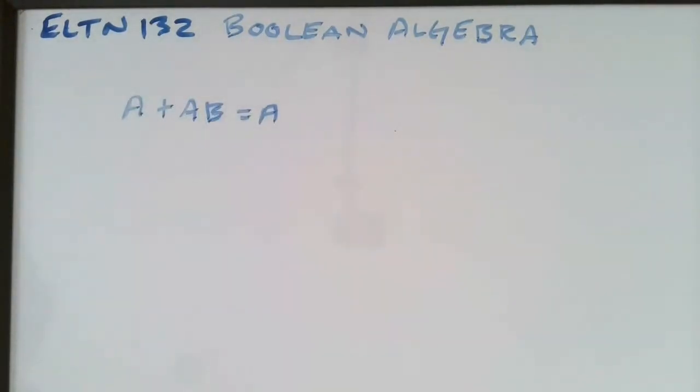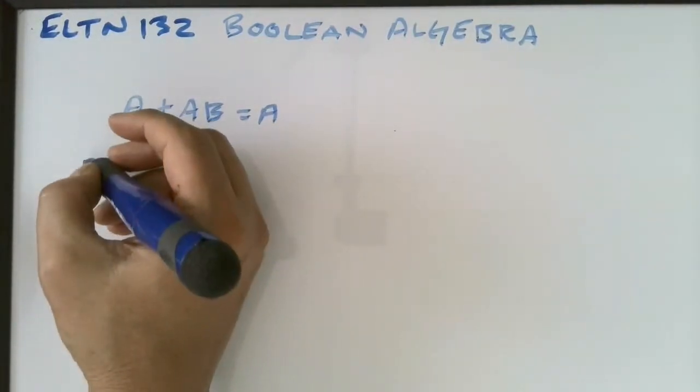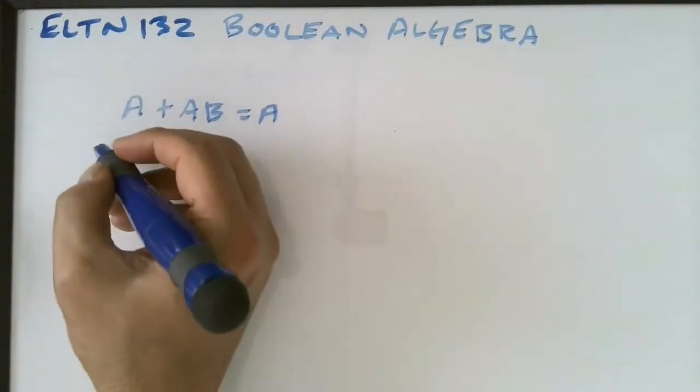Okay, let's take a look at another example here where we have this expression A or A and B equals A. So what we can do on the left-hand side of this equation is eliminate or factor out this A term. If you remember back to algebra, this follows the same process.